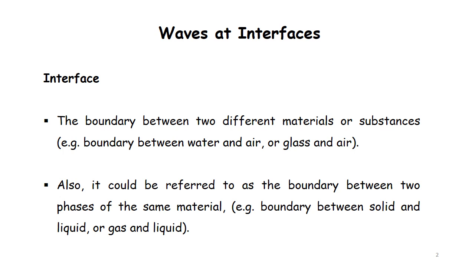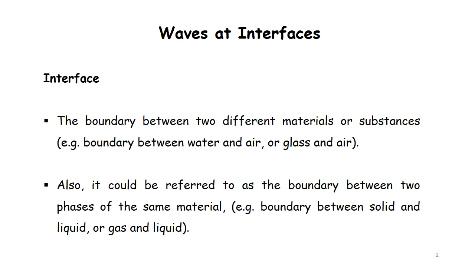Likewise in physics, an interface could also be referred to as the boundary between two phases of the same material. So when you have solid and liquid, or gas and liquid, the boundary is an interface.